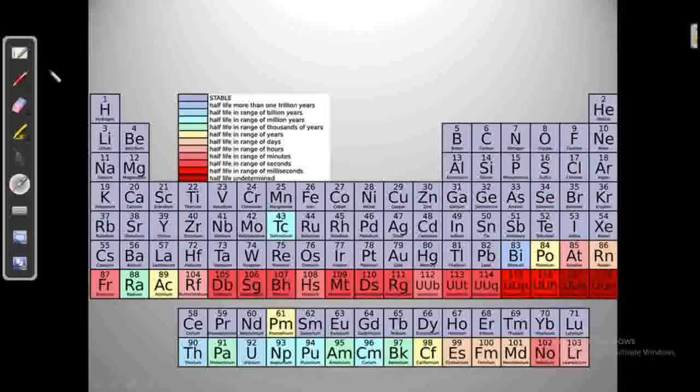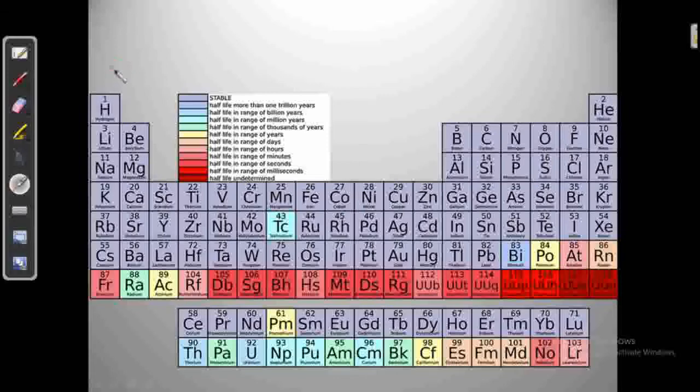Earlier there were 105 elements, then 118, and there will be more, because of the recurring of the properties. Scientists can artificially create different elements with similar properties and fill them into the periodic table, adding to it.